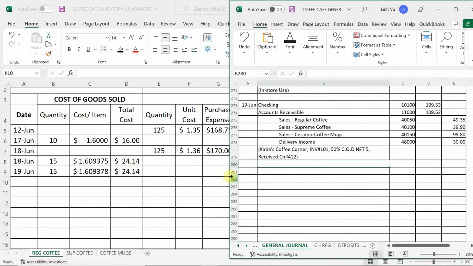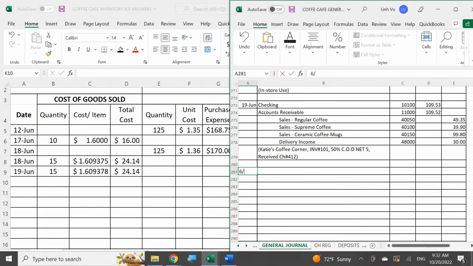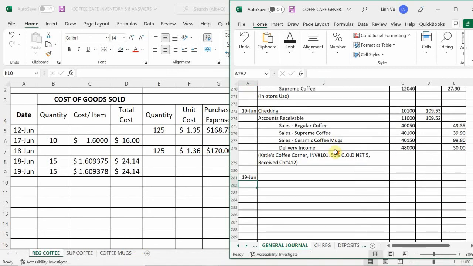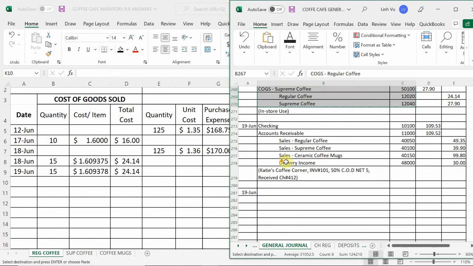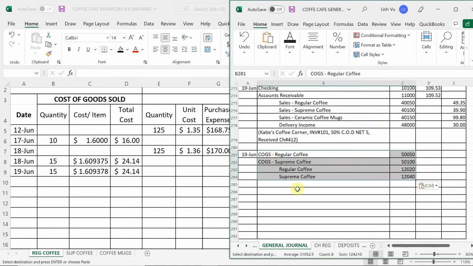Let's journalize it. How do I journalize this? Cost of goods sold. Good. Cost of goods sold for the regular coffee, how much? 24.14.